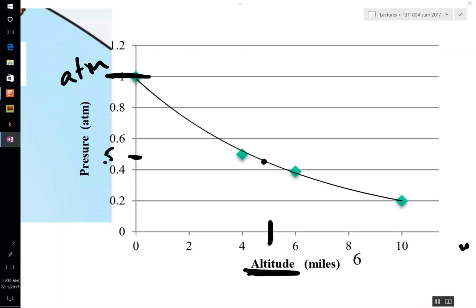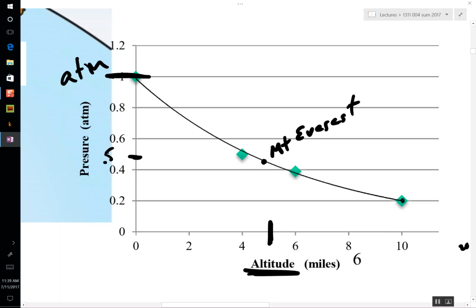It goes down asymptotically. All right? So that's about Mount Everest. If you climb to the top of Mount Everest, you've climbed about 5 miles high, 29,000 feet, and you have half of the amount of air, half of the pressure of air that you would have at sea level.